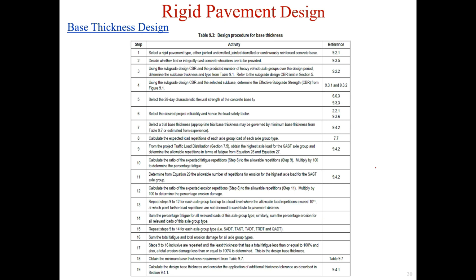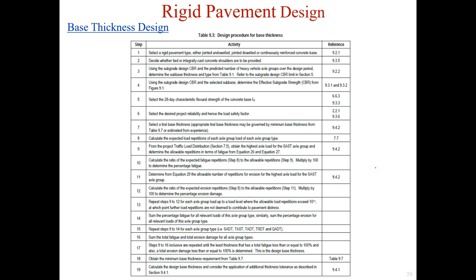Then we calculate the ratio of the expected fatigue repetitions to the allowable repetitions and determine the percentage of fatigue by multiplying by 100. We also need to work out the allowable number of repetitions for erosion for the highest axle load for the SASD axle group.